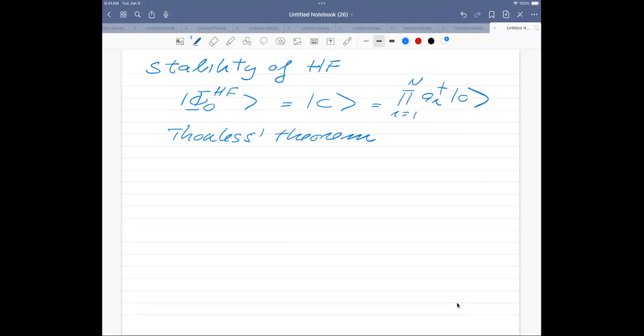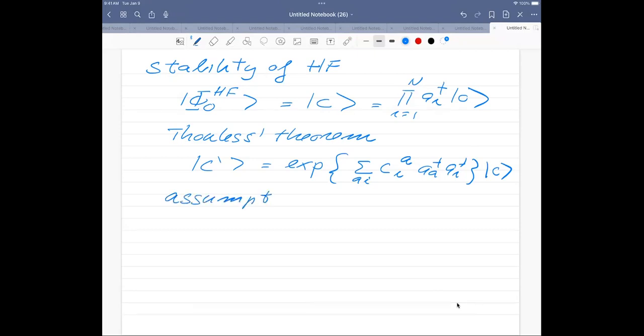So Thouless' theorem states that we can write a Slater determinant C prime, which is given as an exponential, and then it's just a sum over particle-hole excitations. So this is a linear combination of particle-hole excitations to infinite order acting on the state C. And there is a basic assumption here now.